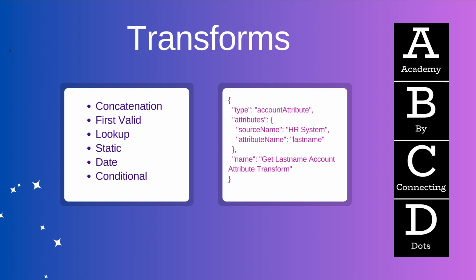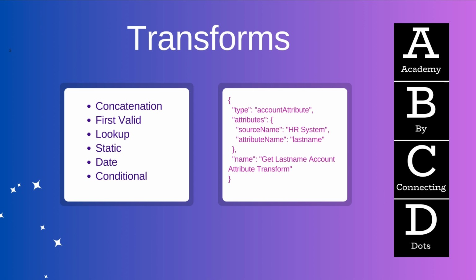So for example, some transforms I listed here: concatenation transform. As the name indicates, it will join a set of strings. Example, display name. If you are getting first name and last name from your HR system, and you want to calculate display name, you can use the concatenation transform. First value, like an if else.